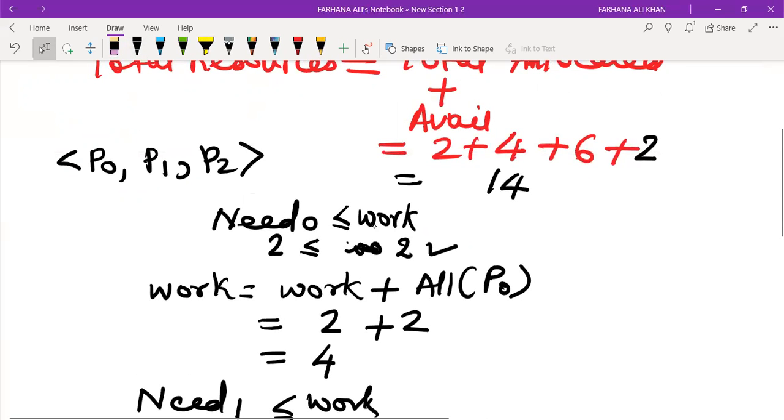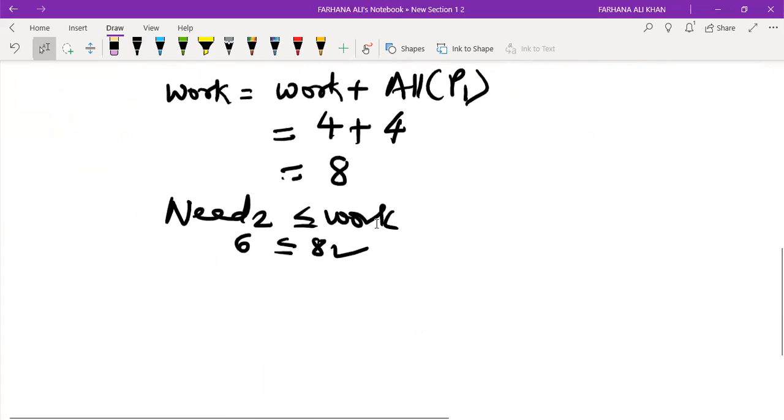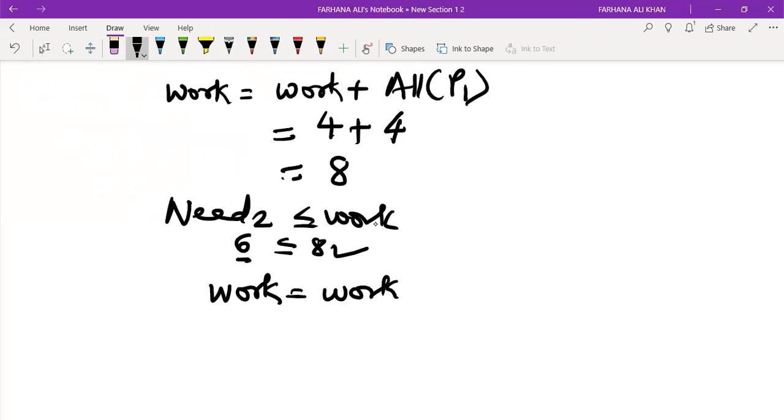After giving 6 printers to process P2, the process is going to release its allocated resources. So the new work will be the current available resources plus the resources that were allocated to process P2.